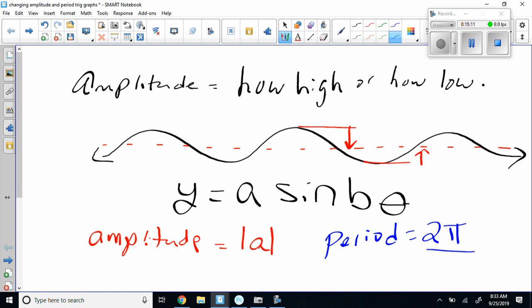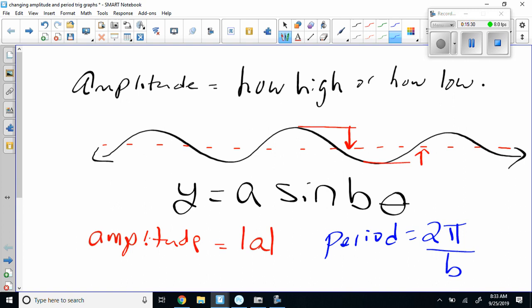Because theta could be x, or it could be a particular radian measurement. But the period is 2 pi over b, right?